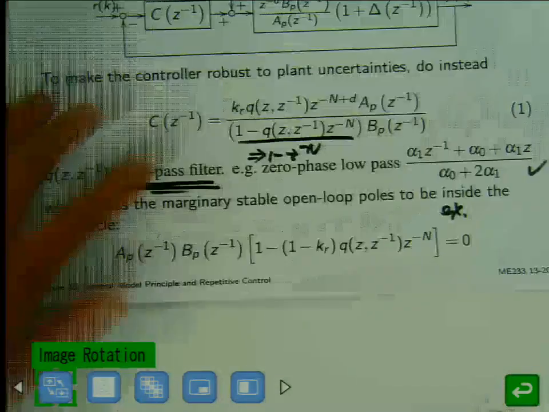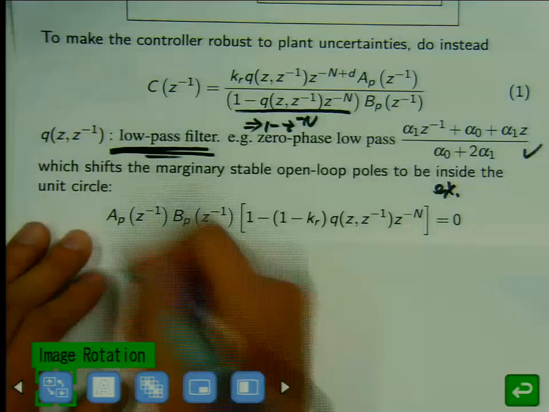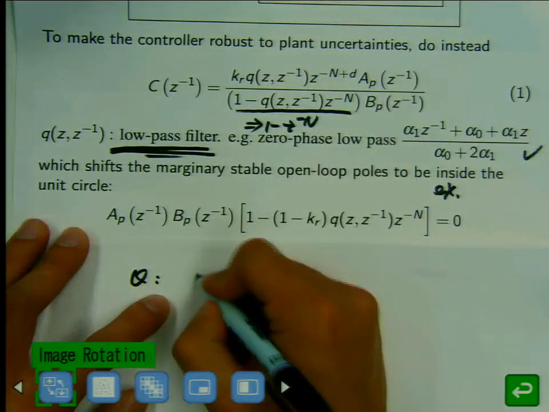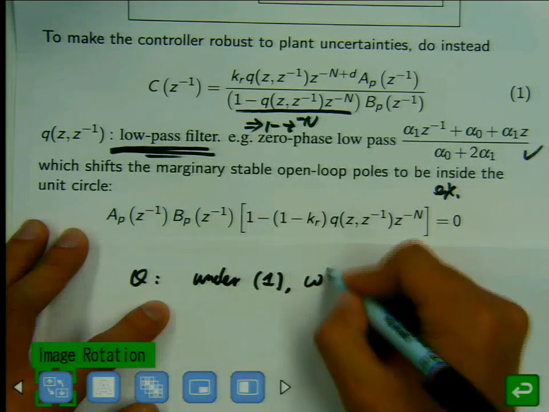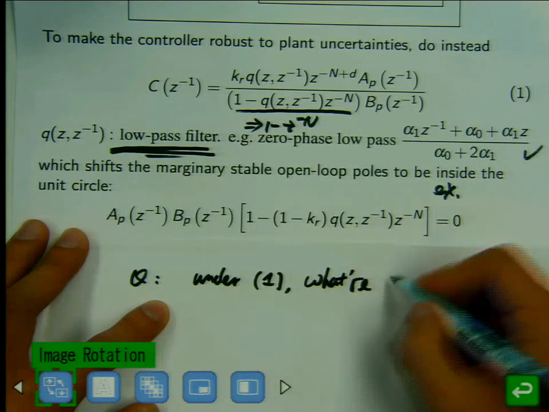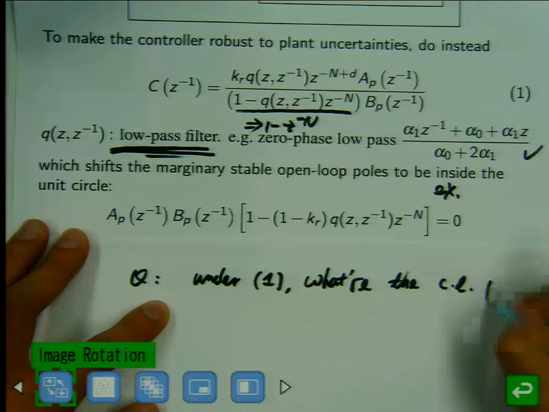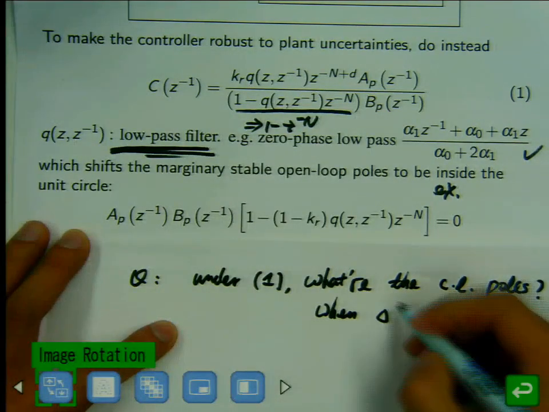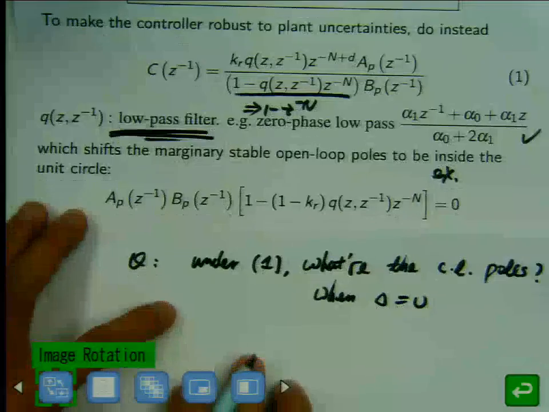This is the question last time. Under this design of 1, what are the closed loop poles? That's the question, when delta is 0.